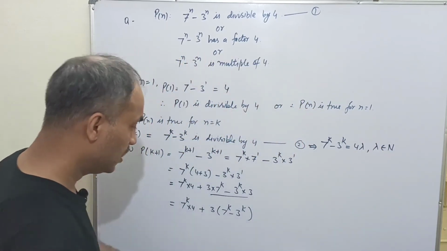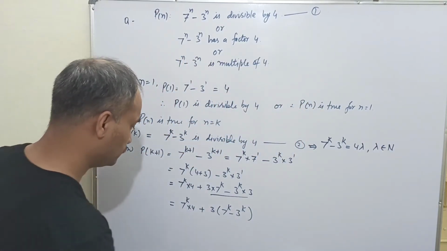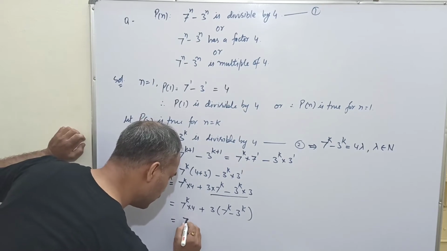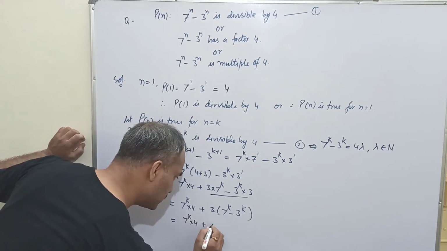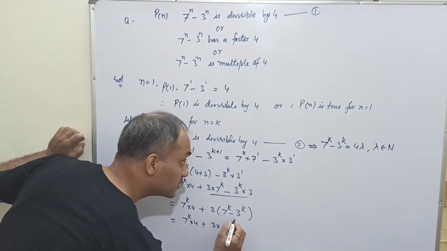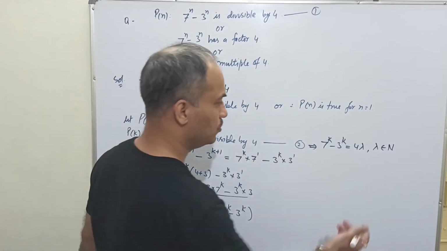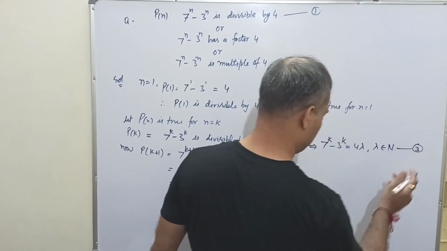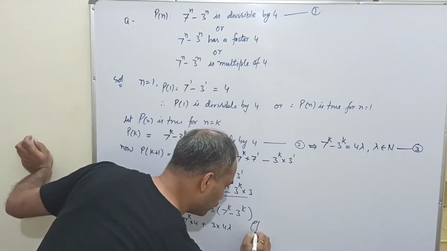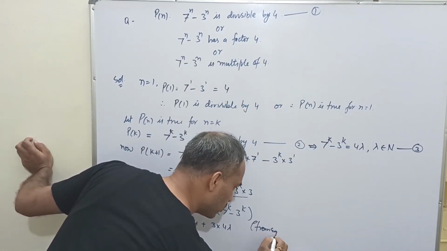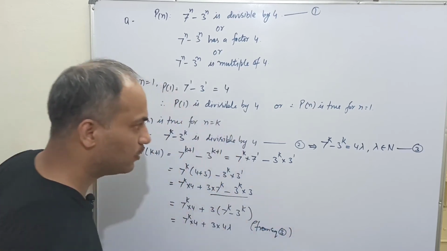So we are putting this value here. This becomes 7 to the power k into 4, plus 3 is already there, into 4 lambda. You can say equation 3 if you need. So from equation 3 we put the value.